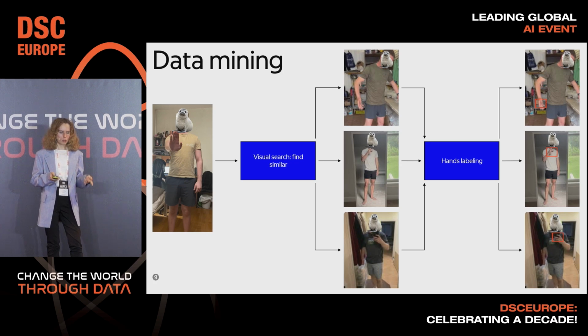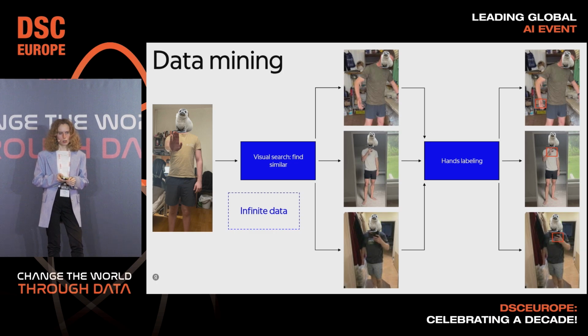We had 3 methods for it, and the first method was visual search. We searched for similar images for every image from our data set. Then we labeled the hands with Google MediaPipe and got a kind of dirty labeling.